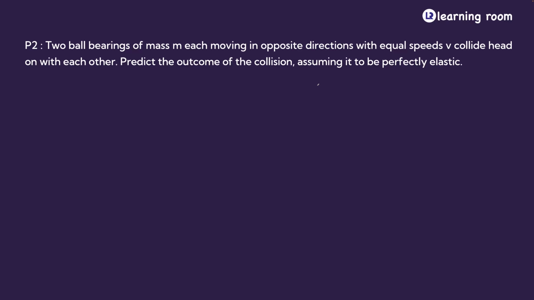See, listen. In this problem, there are two ball bearings of mass m, each moving in opposite directions with equal speeds v. They collide head on with each other. Predict the outcome of the collision, assuming it to be perfectly elastic. So what is the relation?